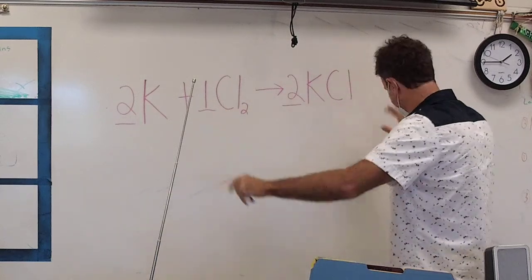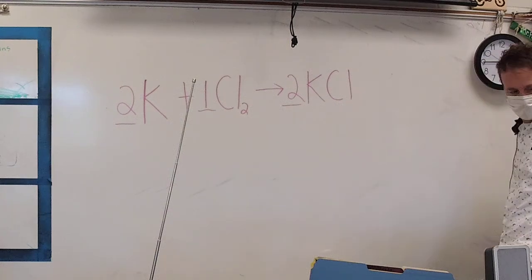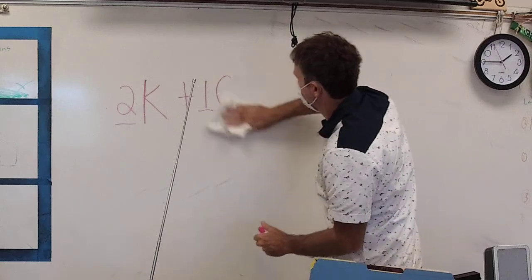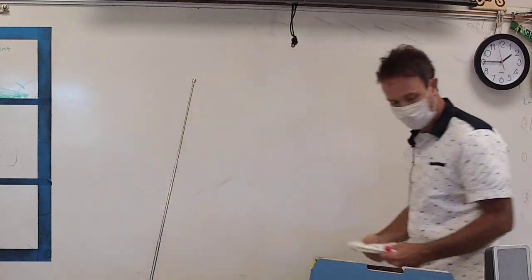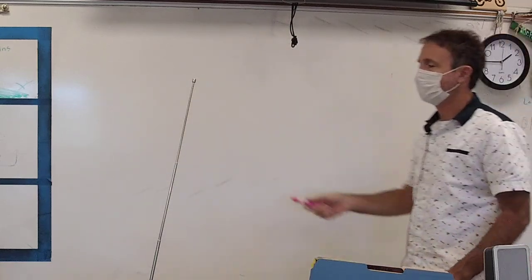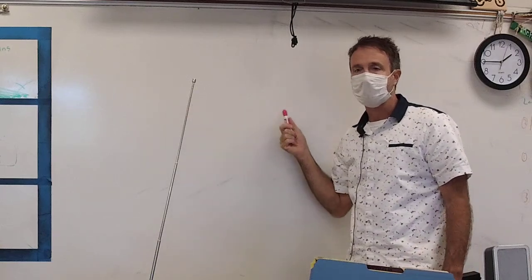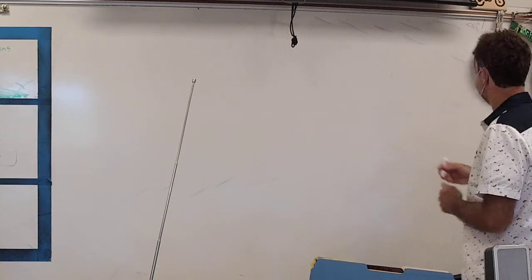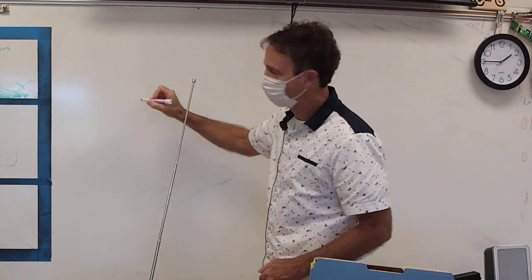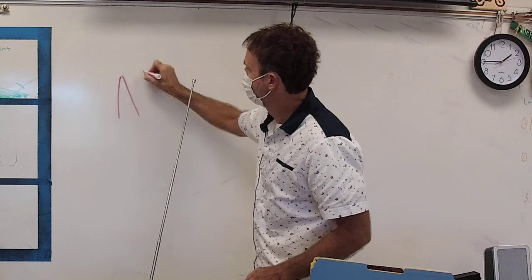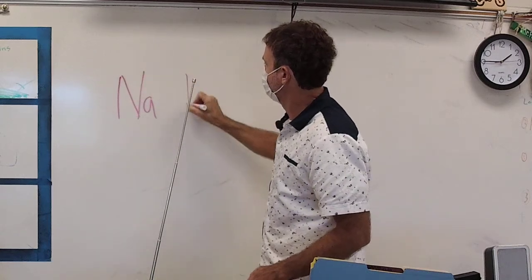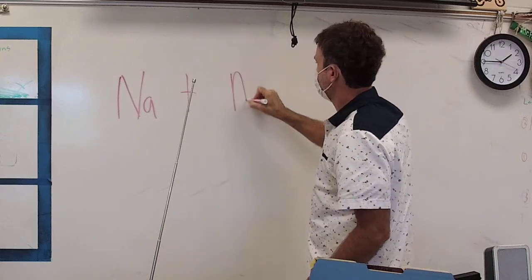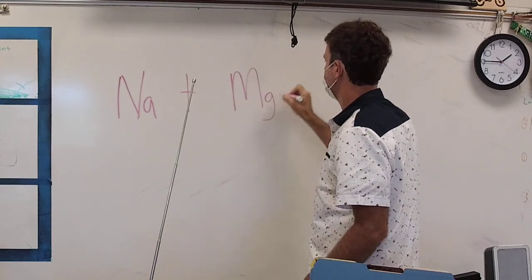So that's about as easy as they get. I'm going to try one that's just a tiny bit harder. Not much harder. Literally just a very little bit harder. Now that equation that we saw right there, that was a synthesis reaction, right? Tell me what type of reaction this one is. We're going to take some sodium and we're going to put it around some magnesium oxide, okay?